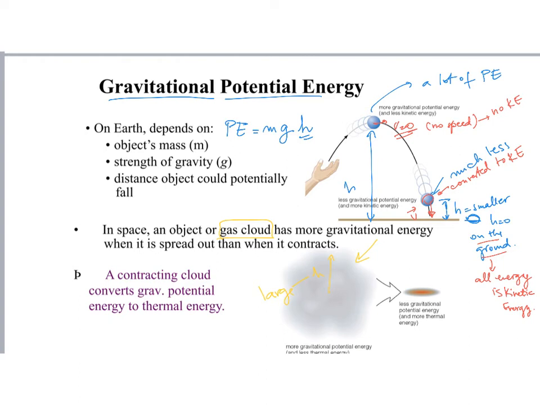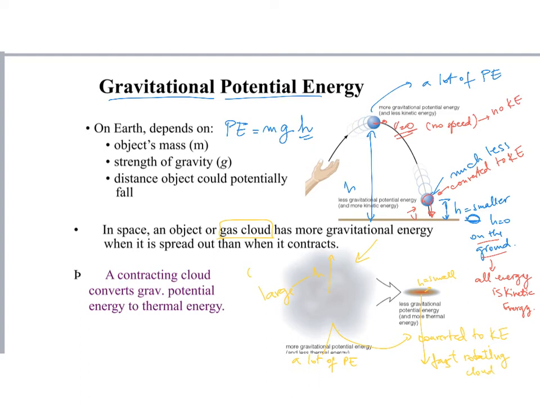While here that h is small. What happened to all that gravitational potential? So here is a lot of potential energy. Here it is converted to kinetic energy. This is why this is a fast rotating cloud.